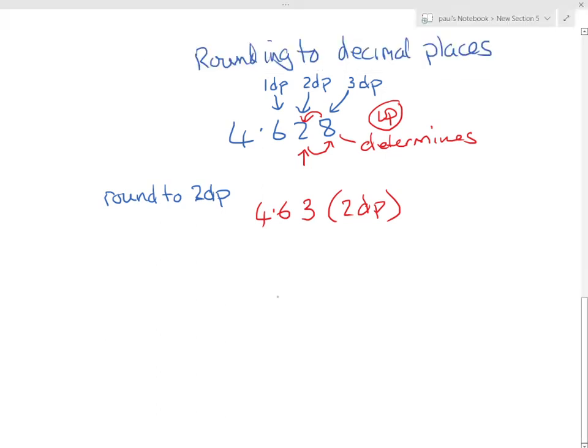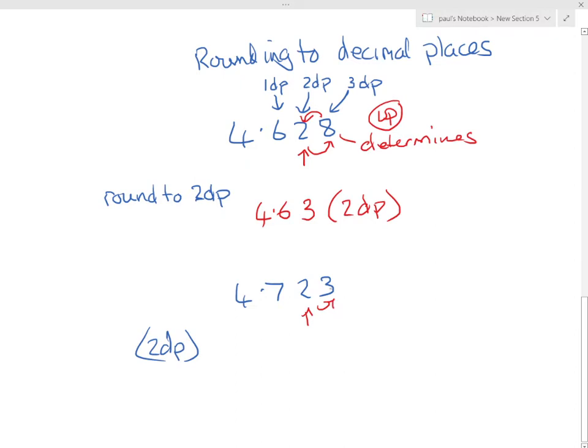So look at another one. 4.723. We'll do this to 2 decimal places again. What we're going to do is look for our second decimal place, which is there. Go to the right, and this number determines what we're going to do.